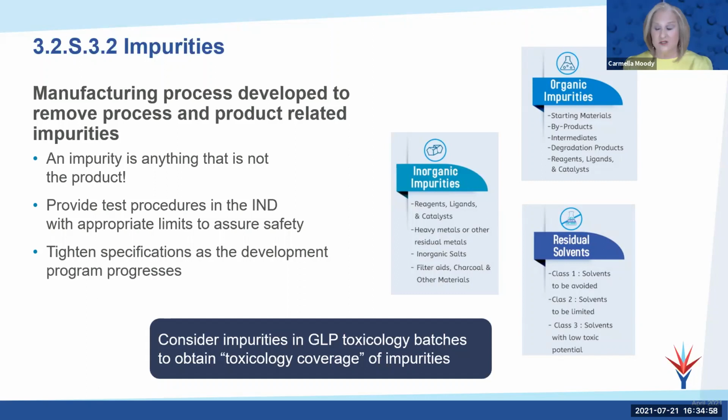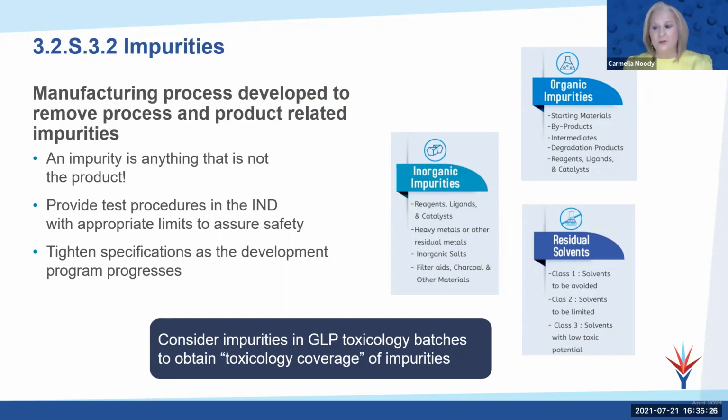Organic impurities include degradation products, so you need to understand that. And then, of course, residual solvents are considered impurities, so you have to control those to appropriate levels. And the other thing that we don't have on here is elemental impurities. Elemental impurities are really important to understand and control.